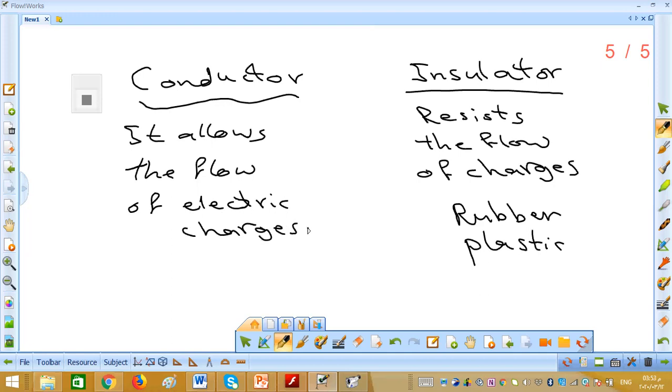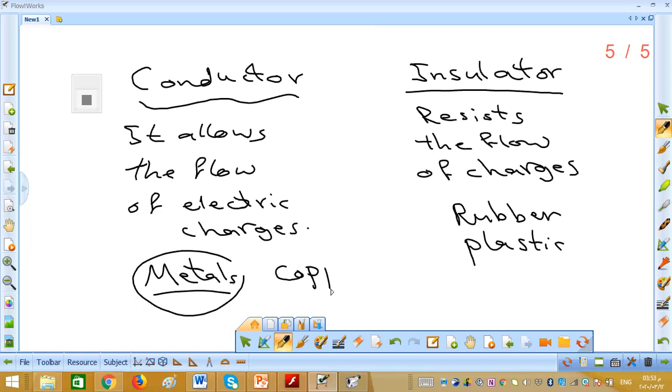As an example of conductors, all metals are good conductors of electricity, and the best conductor used in electric circuits is copper metal.